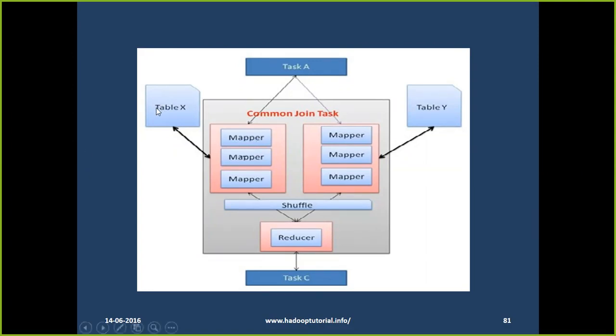there are two ways, because our processing mainly happens in two phases: one is the mapper phase, and the second one is the reducer phase.